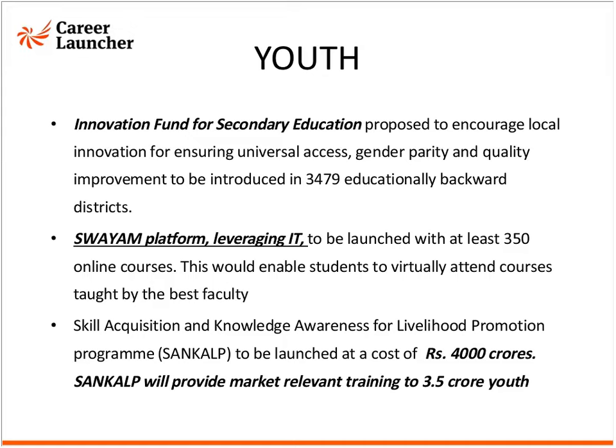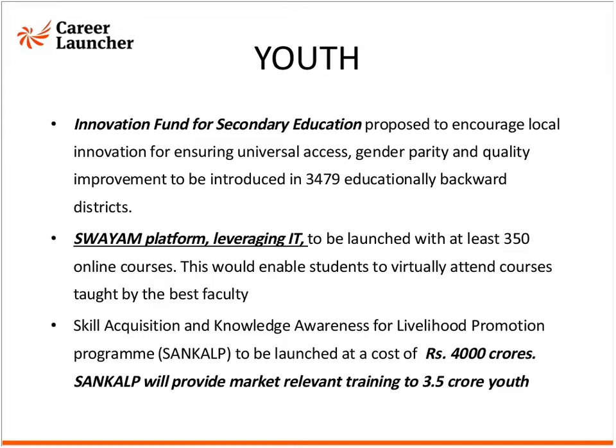Okay, then the next is Sankalp, which is Skill Acquisition and Knowledge Awareness for Livelihood Promotion Programs. Now this is going to be launched, and the estimated cost is 4,000 crores. The agenda here is to give relevant training to 3.5 crore youths of India.